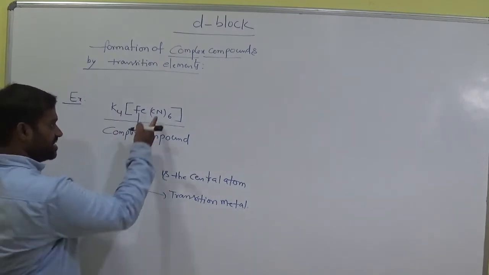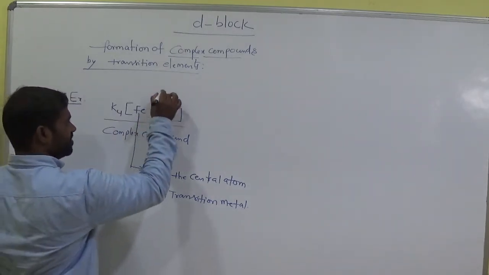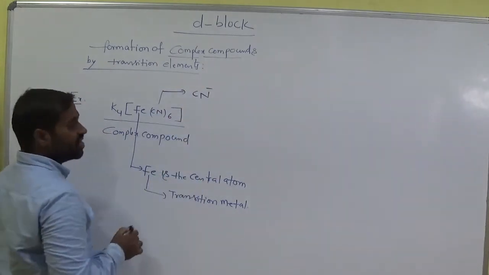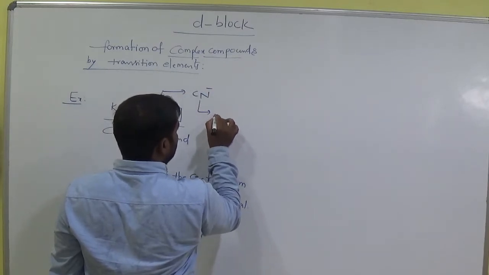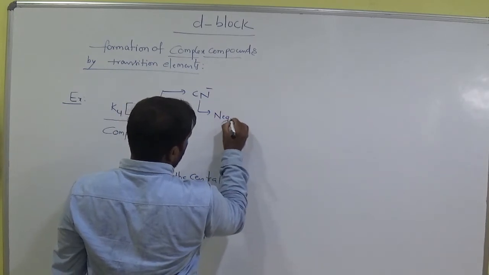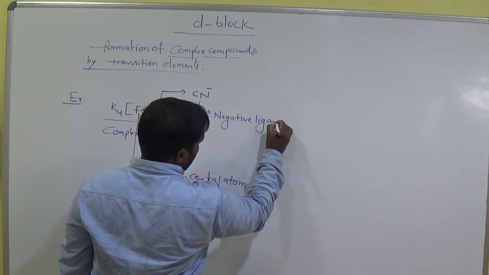This is the cyanide, CN minus, and this is called a ligand, a negative ligand.